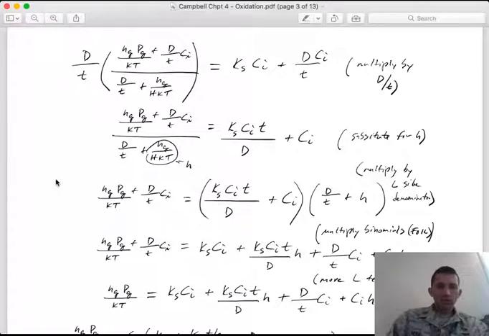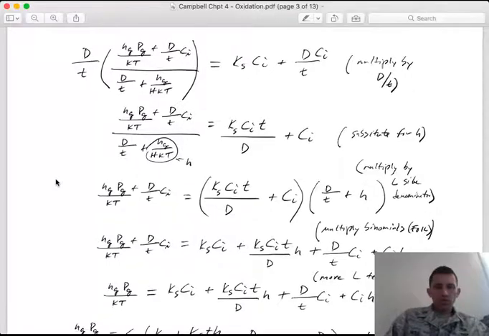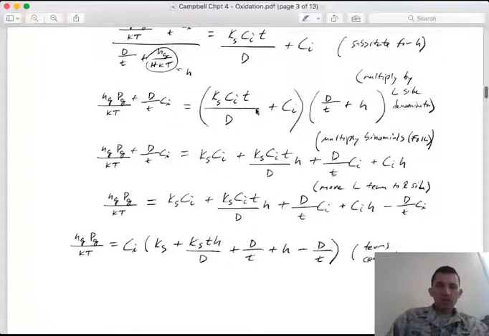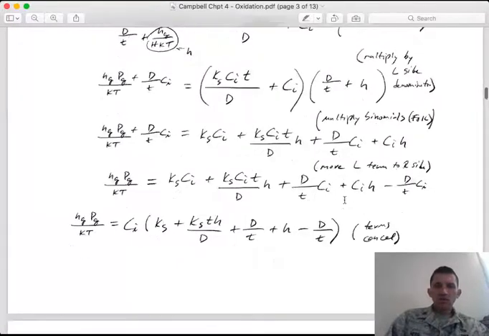That's a simplification that Campbell suggests. So we'll do that, make it a little bit easier. So we'll take this denominator, multiply it by the right side here, and then we're going to multiply these two polynomials. So we do our FOIL multiplication, right? First, outside, inside, last. That gives us these 4 terms here.